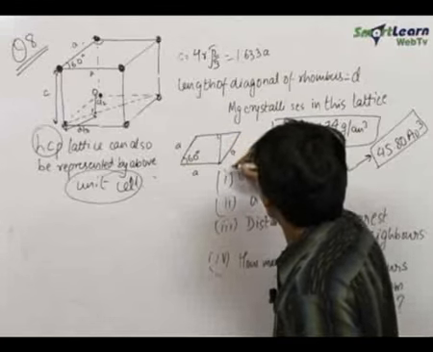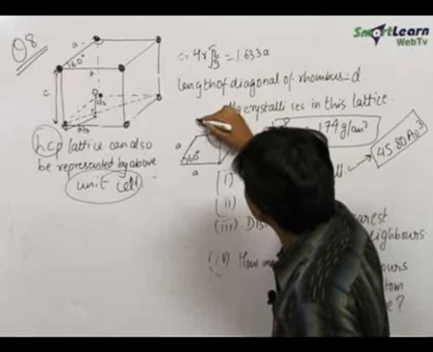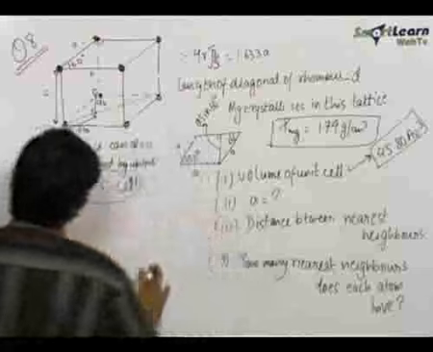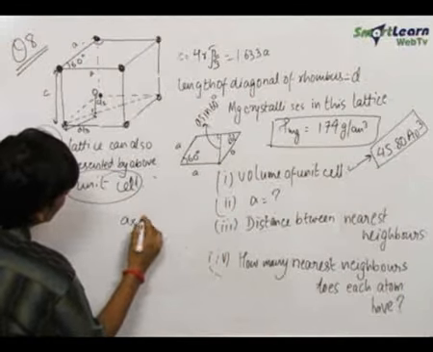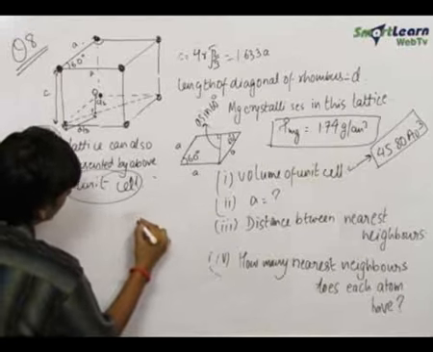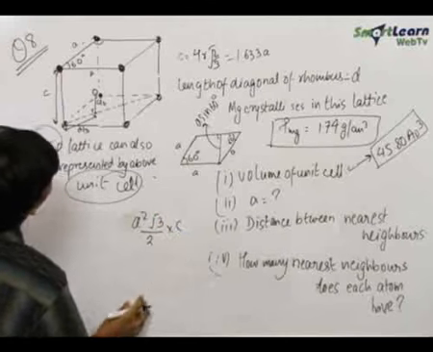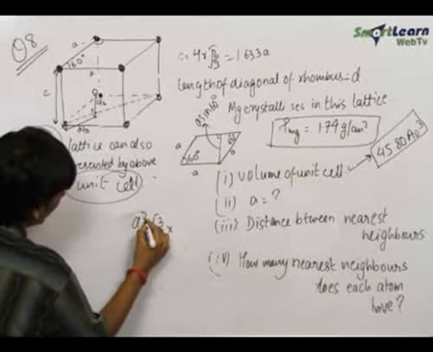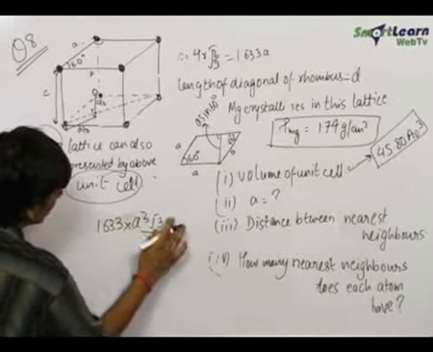Now this is A, this is 60 degrees, therefore this is A sine 60 degrees. Therefore the area of the base comes out to be A into A sine 60 degrees, that is A square into root 3 by 2. We multiply this by C to get the volume, where C is 1.633A. Therefore we write A cube into 1.633.